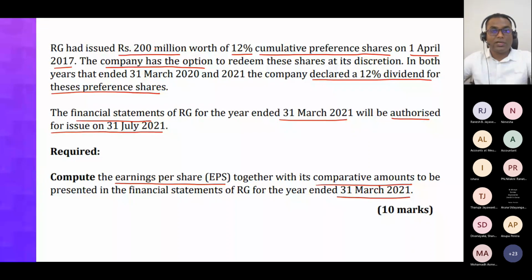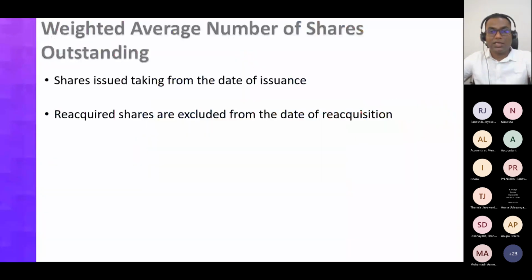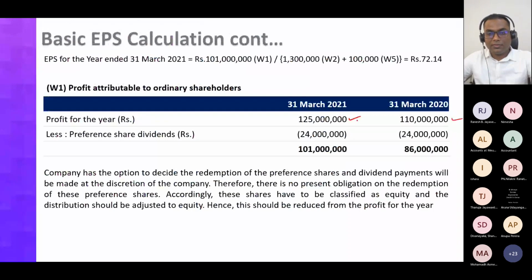So 200 million into 12%, 24 million, to be deducted as preference share dividends each year. Clear?